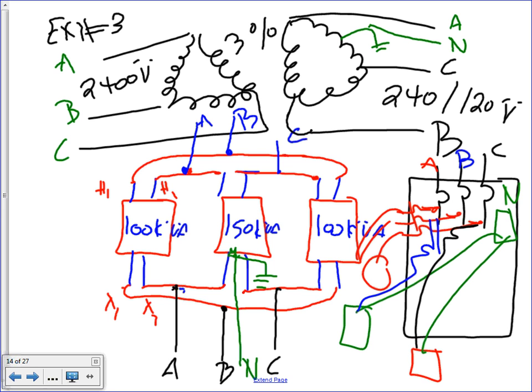Guys, from this system, you can feed the following. You can feed 240 single phase, you can feed 240 three phase, or you can feed 120 single phase.